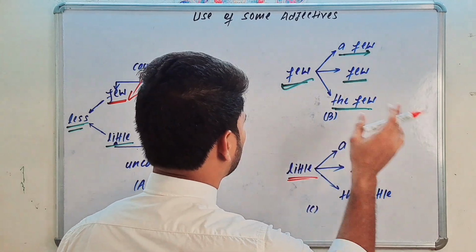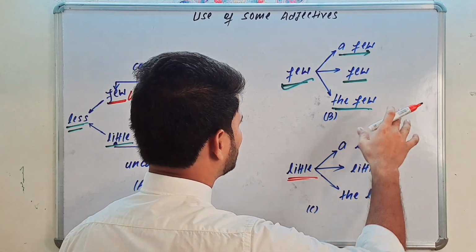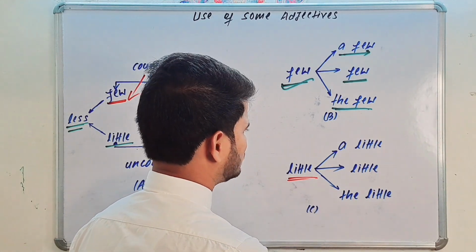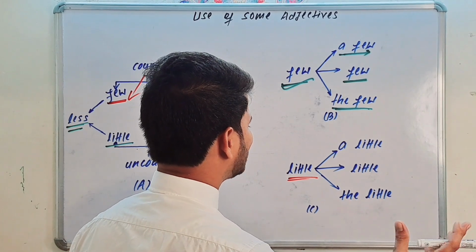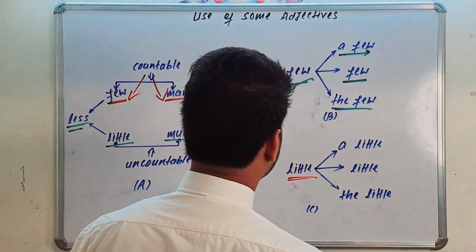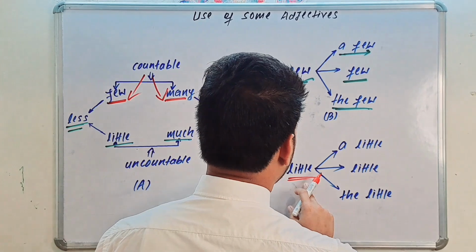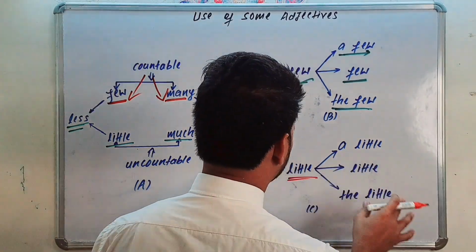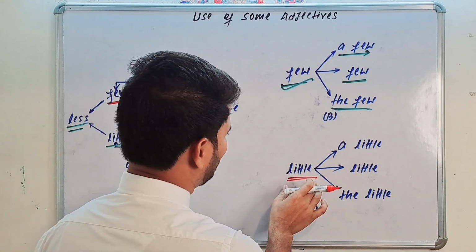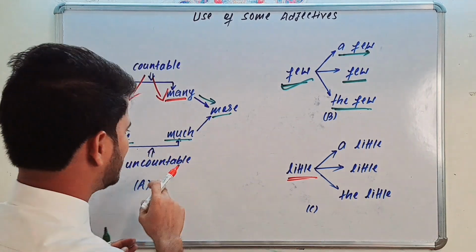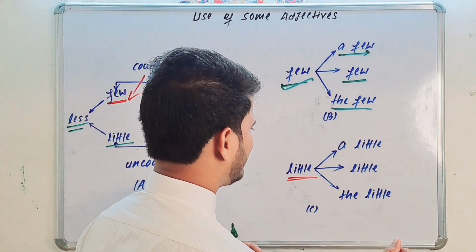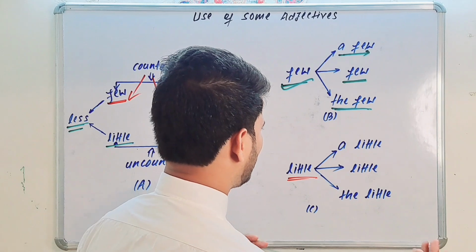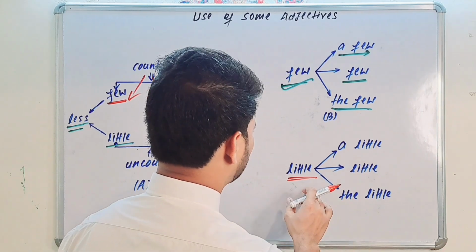I told you few is only used for number, that is numeral adjectives, and little is used for quantity, adjectives of quantity, quantifiers. I told you everything about few and little here.